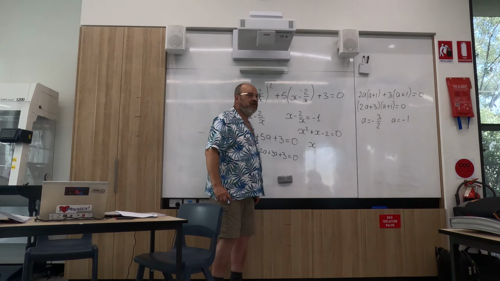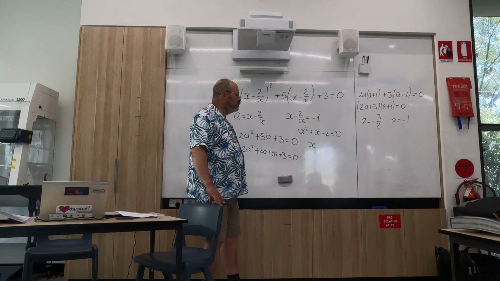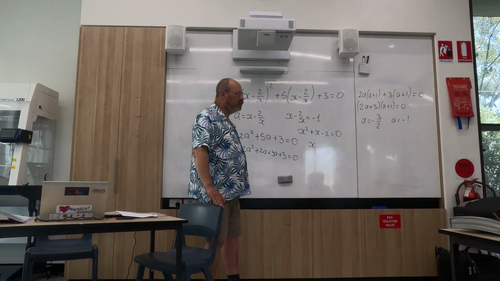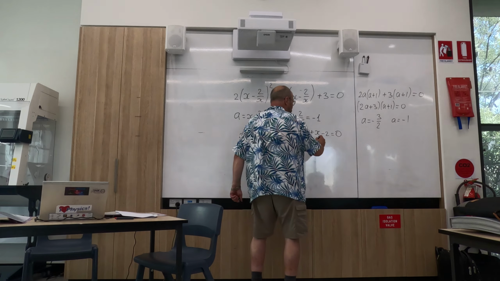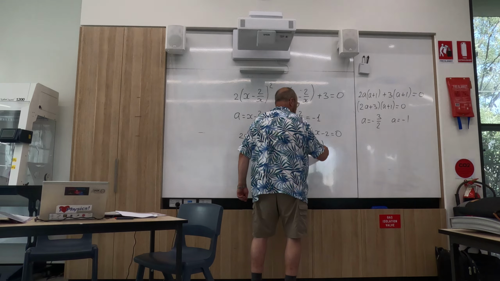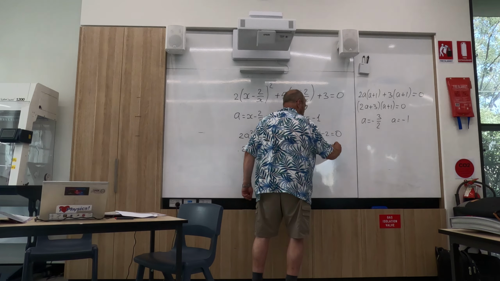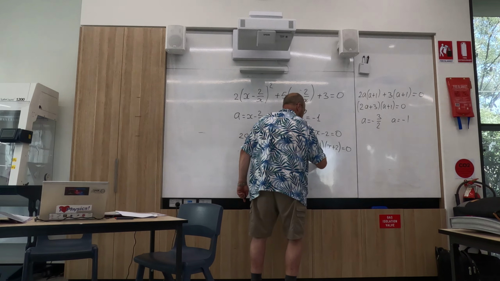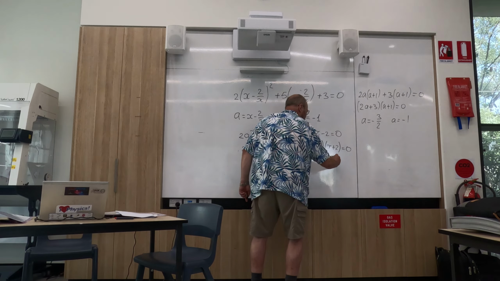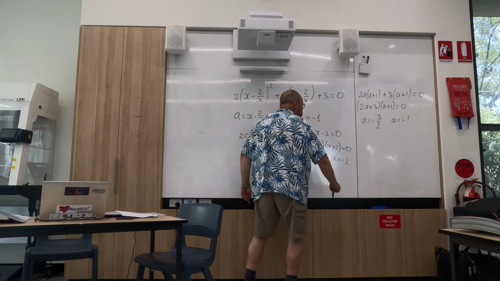What will x equal from here? Negative 2 and 1. We have x minus 1 times x plus 2 equals 0. So x equals 1 or x equals negative 2.